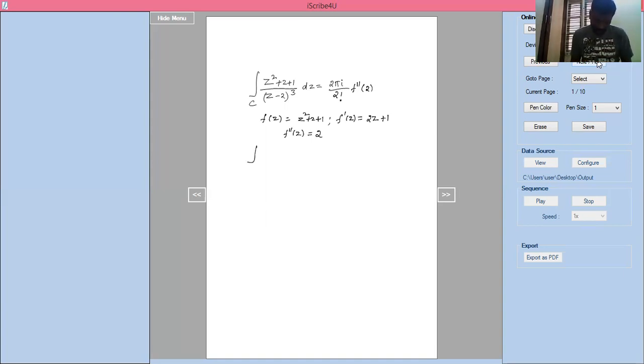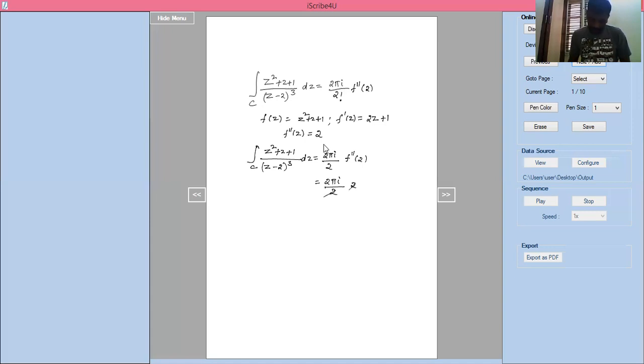Now, the integral over C of (z square plus z plus 1) divided by (z minus 2) whole cube dz equals 2 pi i divided by 2 factorial, which is 2, into f double dash of 2. The value of f double dash of z is 2; if you substitute 2 in the place of z, you'll get 2 only.